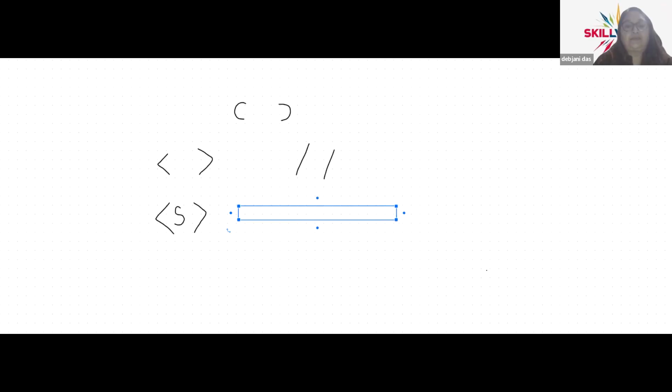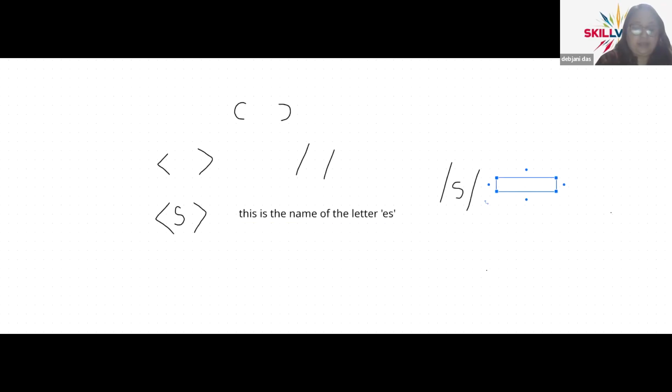And when we are writing this, this is the sound of the letter.